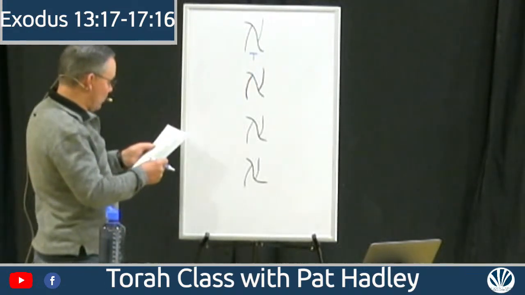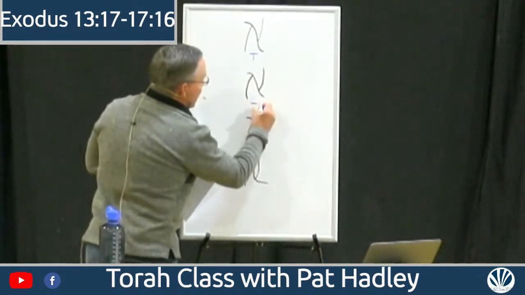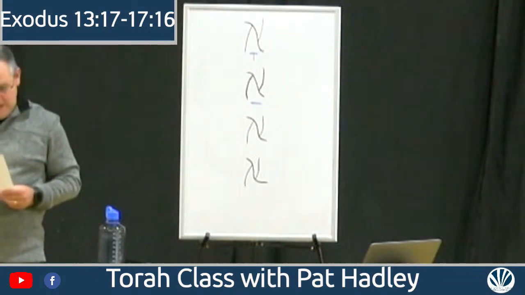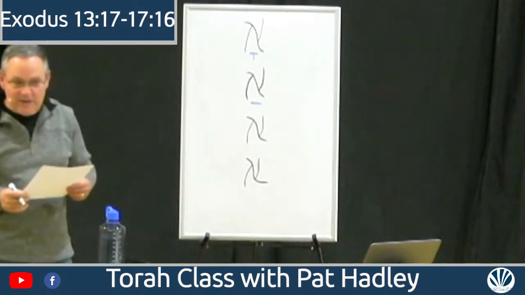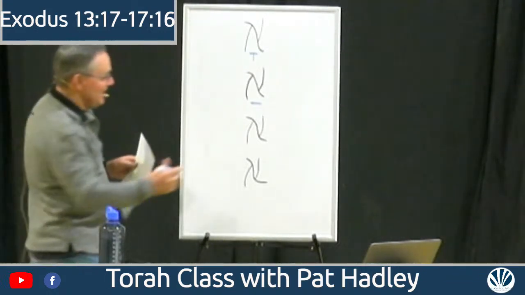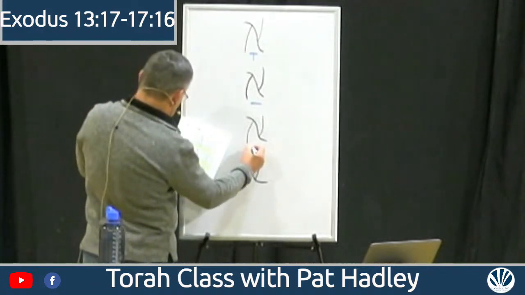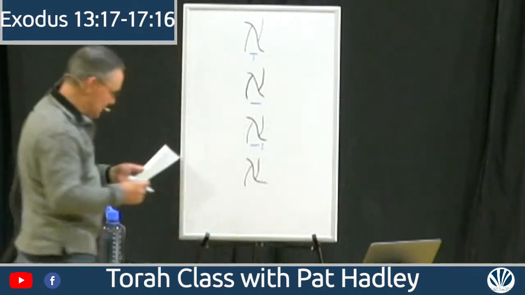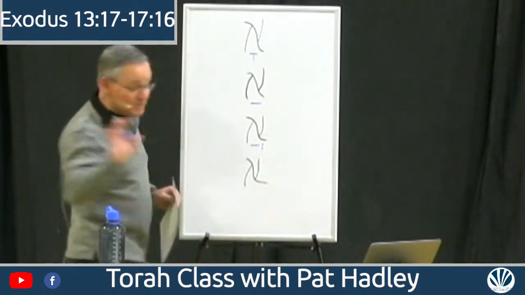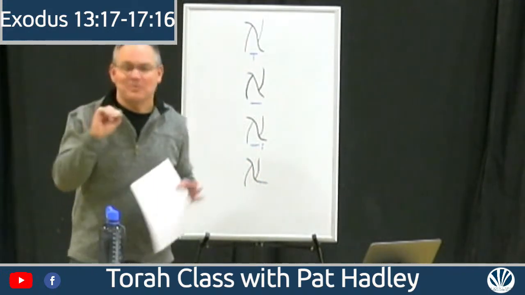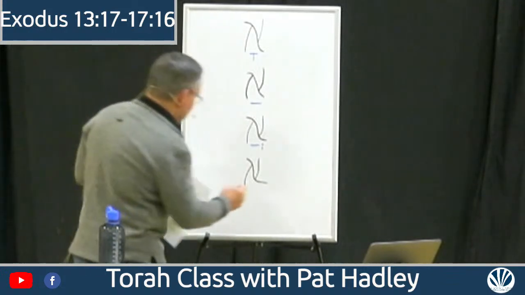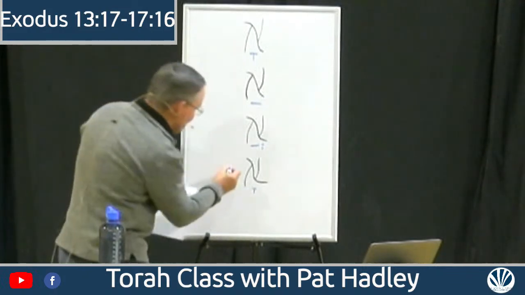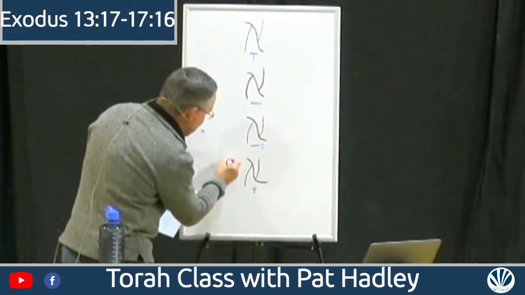Okay, the next one is just a dash. It looks just like that, and that's going to make the ah noise. The next one is the dash with 2 vertical dots like that. And the last one is a little bit tricky, because it has the T, and then it has what looks like the letter hey.